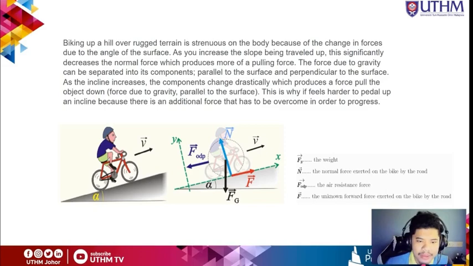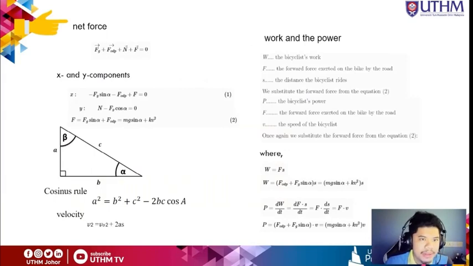So there is the weight, the normal force, air resistance, friction, and unknown force acting on the bike from the road. This is the formula that we will use in the calculation after this, so we can complete our objective for our problem statement.